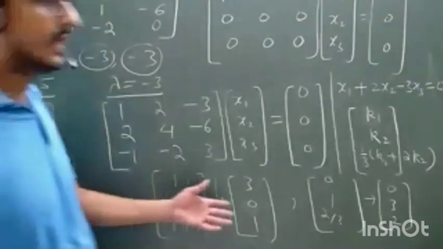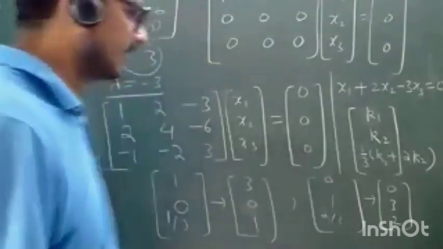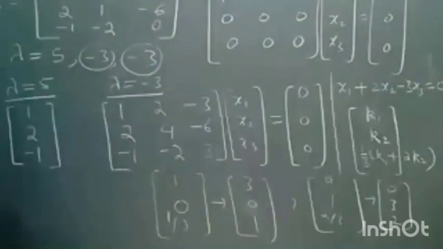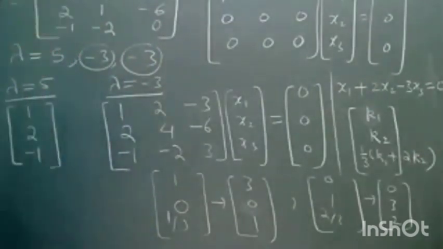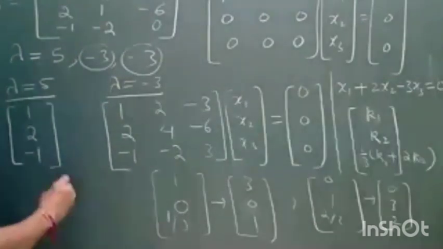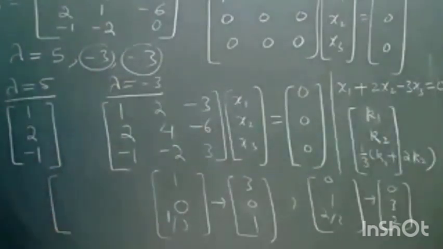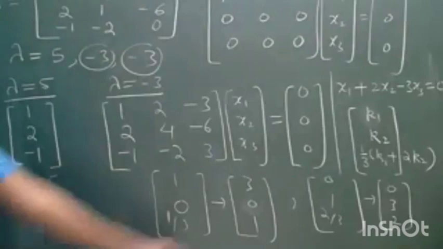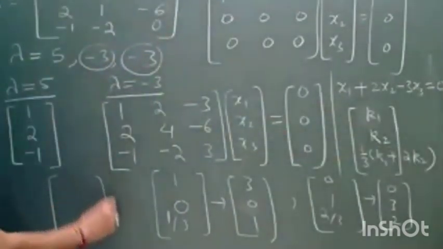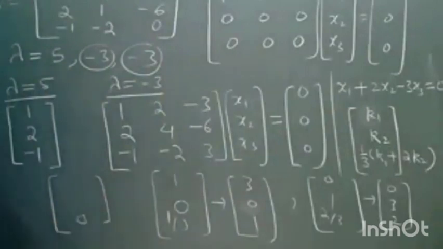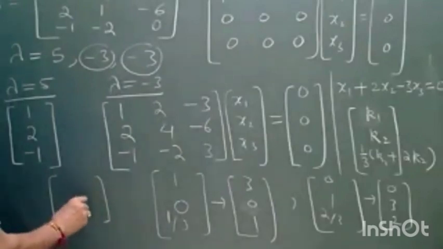Similarly you can write other vectors also. Can someone write another vector and show me? This time let us take k3 equal to 0 and x2 equal to 1.